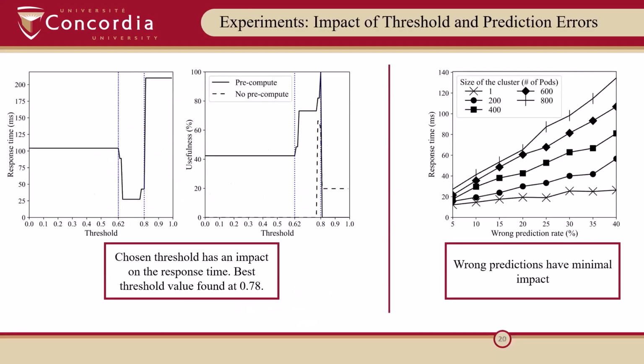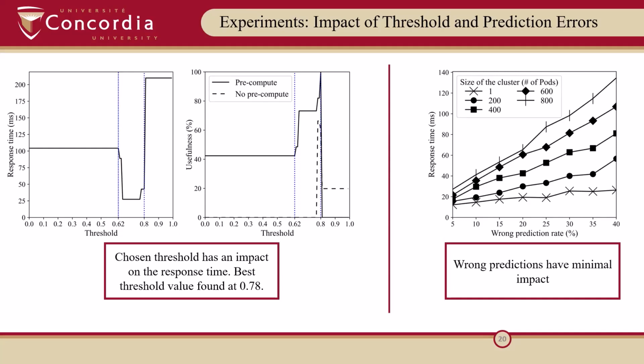This is why we ran the experiment that shows that wrong predictions have minimal impact on our work. Even if the attacker tries to make us do some wrong predictions, for instance by making the same event a lot of times in order to make us change the prediction, if we don't predict the right event, we just fall back to an intercept and check mode, which allows us to reach at least the same performance as the existing tool.